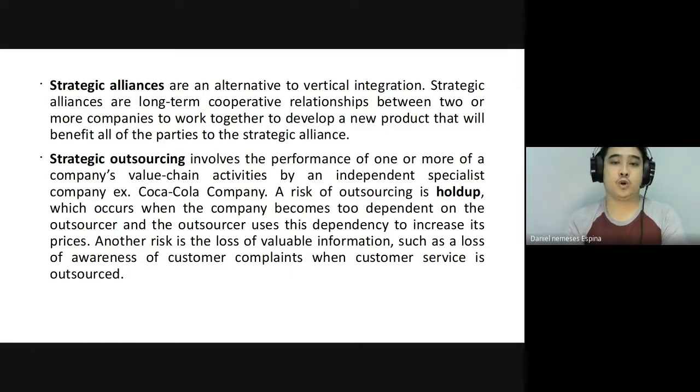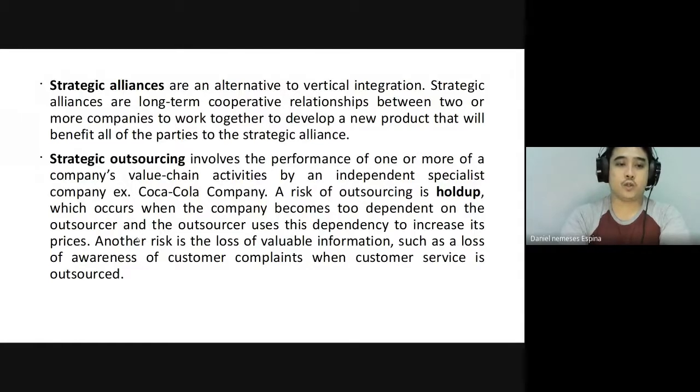Okay, so public-private partnership is actually an example of a strategic alliance. So after the project, of course, they have to return to each separate business.